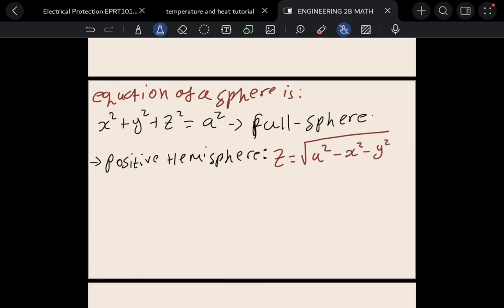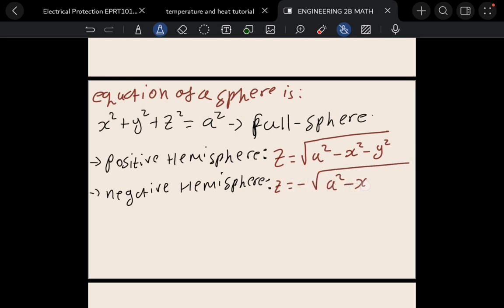So that is a positive hemisphere. And we also have a negative hemisphere, which is given by z equals minus the square root of a squared minus x squared minus y squared. Right, we know about the hemisphere.